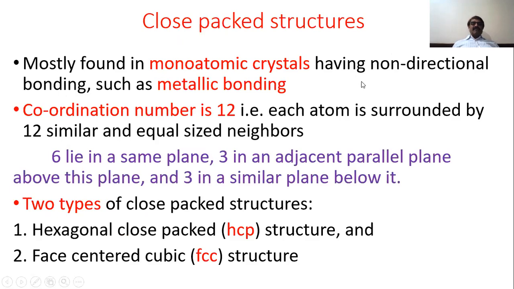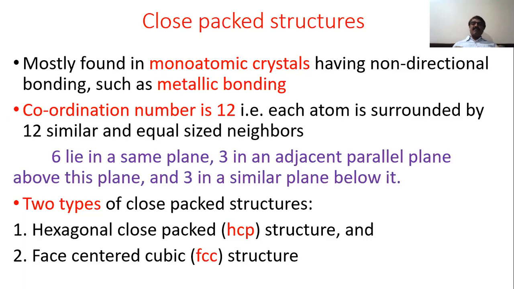As you can find written in the very first line, mostly the close packed structures are found in monoatomic crystals which have non-directional bonding. What non-directional bonding is, and everything about bonding, we will see in the next chapter. But here, just remember that close packed structure is the characteristic of monoatomic crystals which have non-directional bonding.